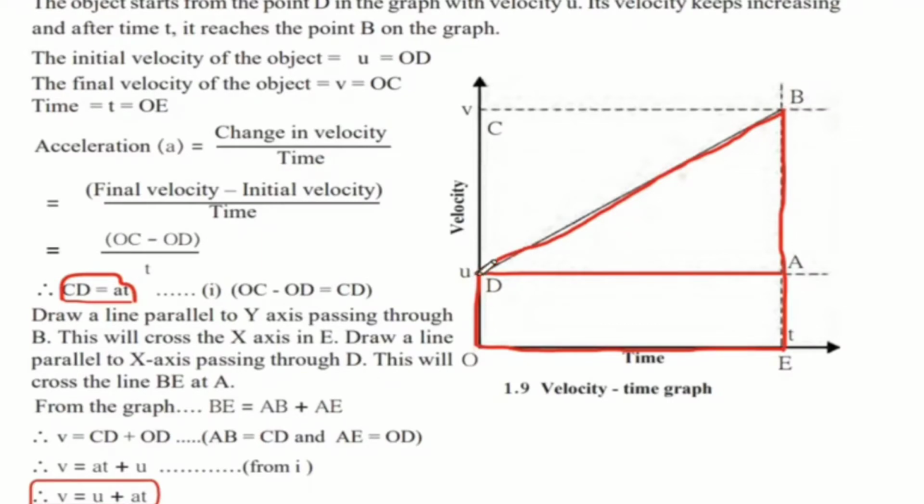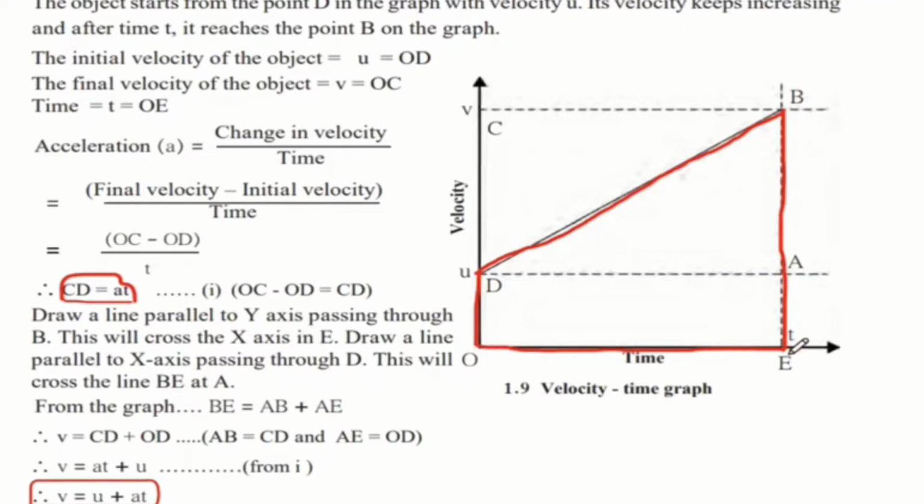But since DOEB is a trapezium, we can use the formula for area of a trapezium. So now we can find it directly, and if you remember, the area of a trapezium is half into the sum of the lengths of the parallel sides into the distance between the parallel sides.